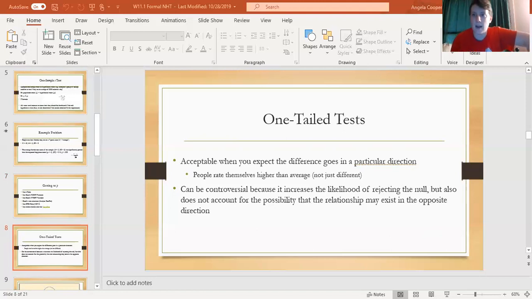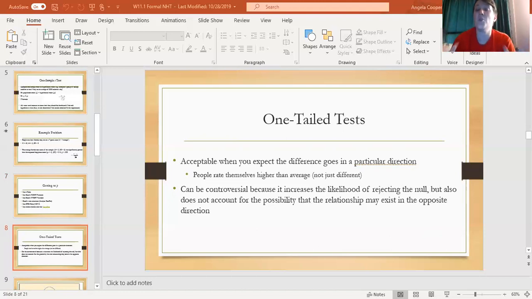So if you're not entirely sure whether it's going to be higher or lower, do a two-tailed test. Even if you think, I'm hypothesizing that it's definitely going to be higher, I would still stick with a two-tailed test, because again, researchers' hypotheses can be wrong all the time. You don't decide what happens, the data really tells you.